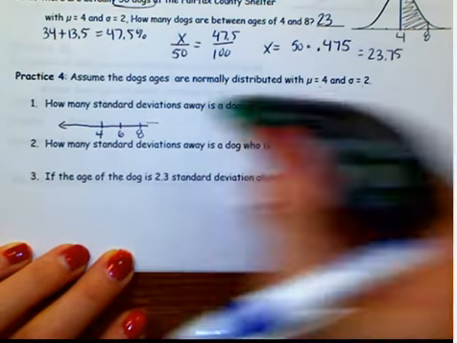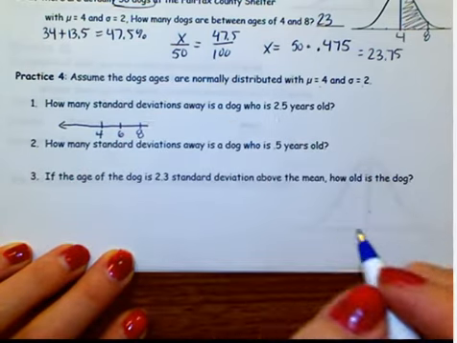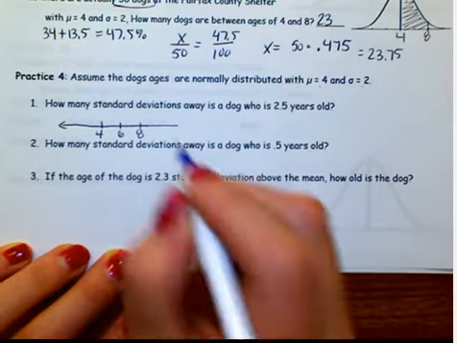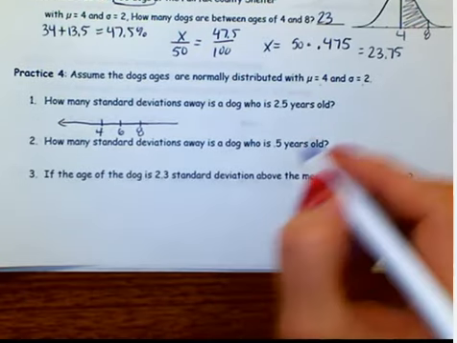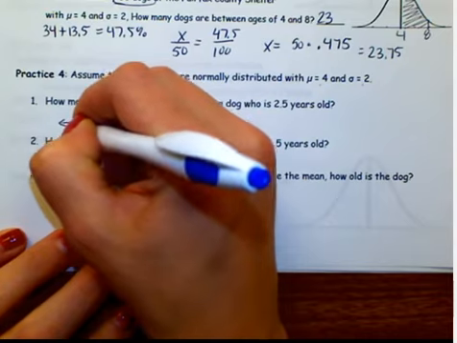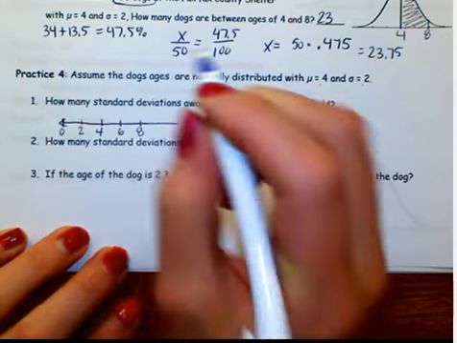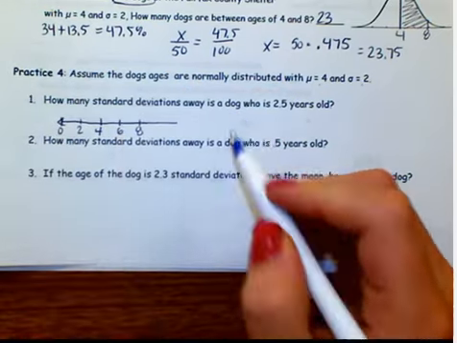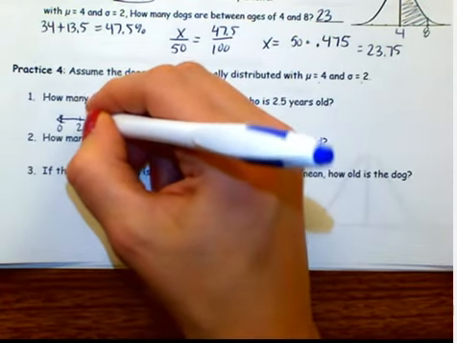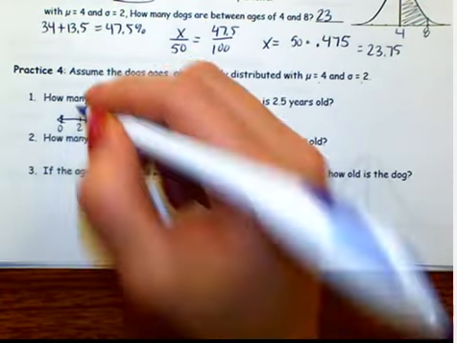Okay. Oh, 2.5, so that dog who is 2.5 years old. So the data point is about here.